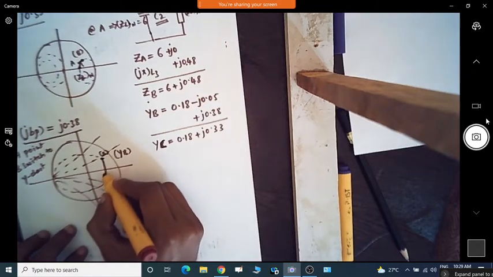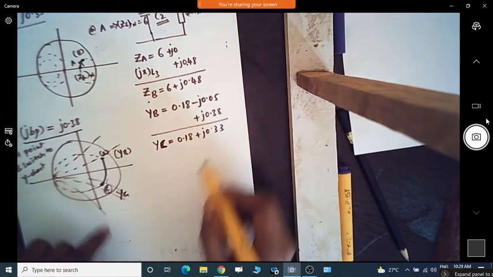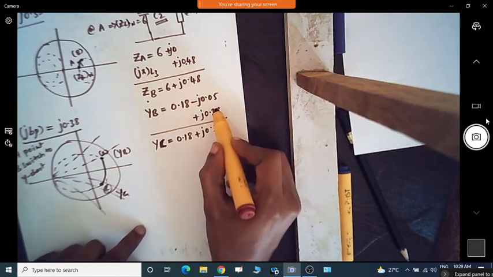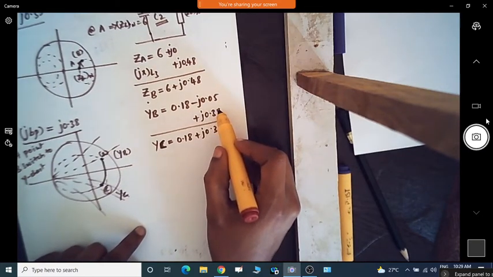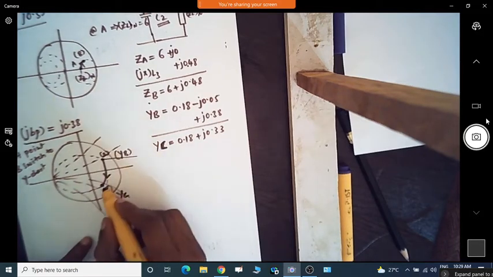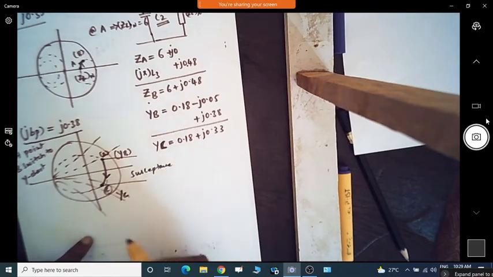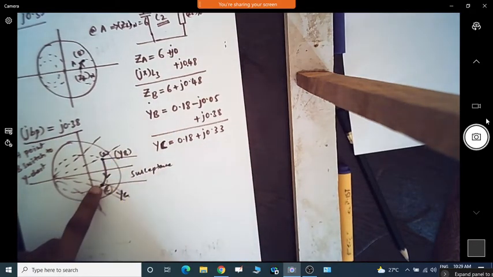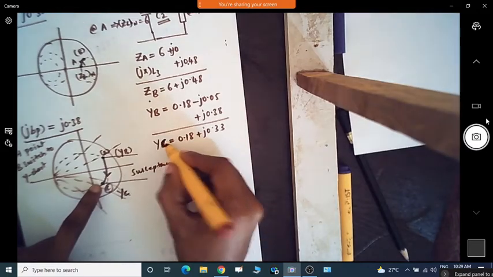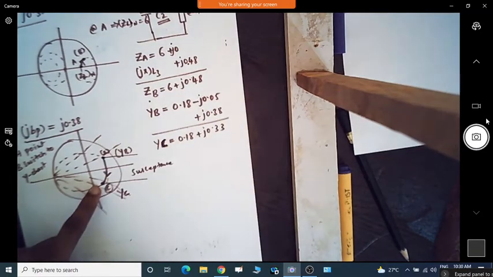Let us take it as point C, YC, after adding the susceptance of capacitor C2. We are adding this much susceptance, so that is point C.